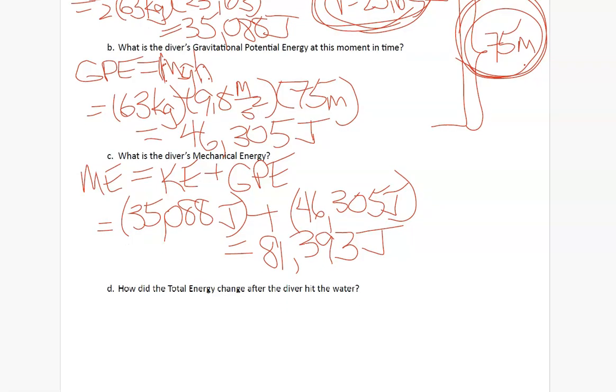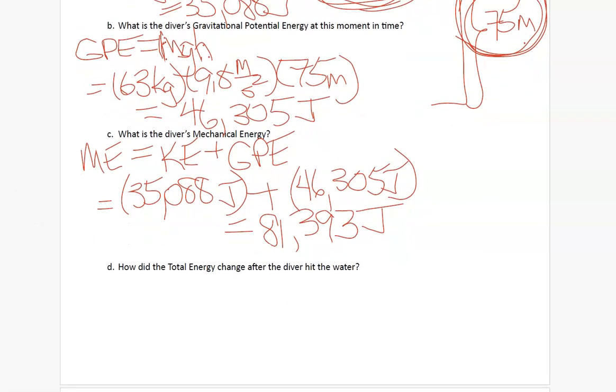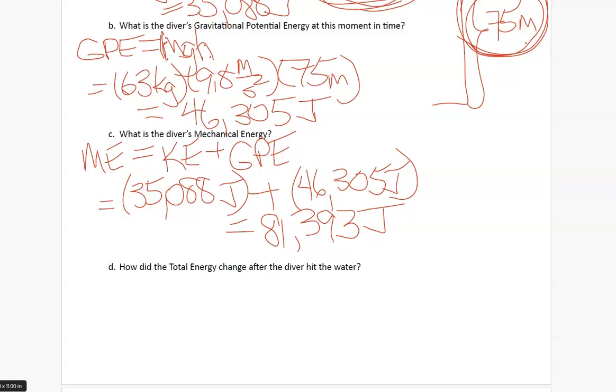And there's a fourth part to this problem that says, how did the total energy change after the diver hit the water? Well, this question is really one that you have to read and think about carefully. Remember, the kinetic energy went to 0 joules because the diver stopped moving.